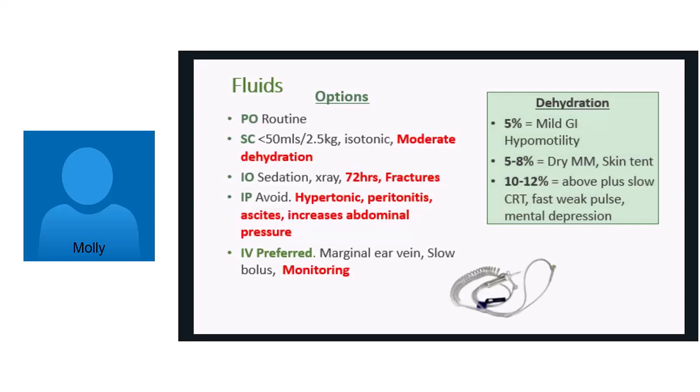So again, slow IV boluses of warmed fluids at regular intervals. And to just reiterate, if we need to, 25 milligrams per kilogram per hour for the first couple of hours can be life-saving.